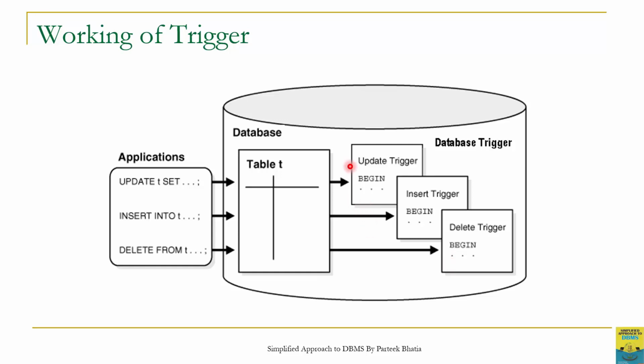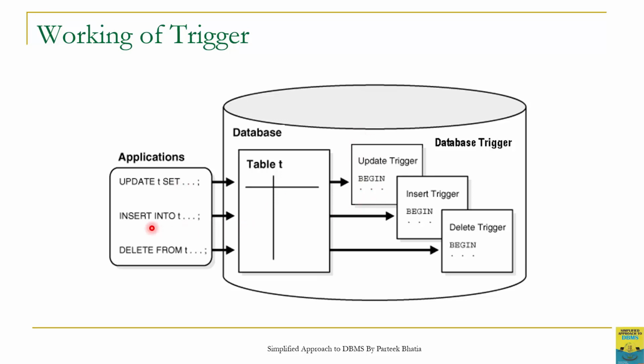We can conclude that a trigger is a code which automatically gets executed when its corresponding event is performed on the database. In case of update trigger, the corresponding event is update statement on the table T. So when an update statement on table T is issued, the code in the trigger will automatically get executed.